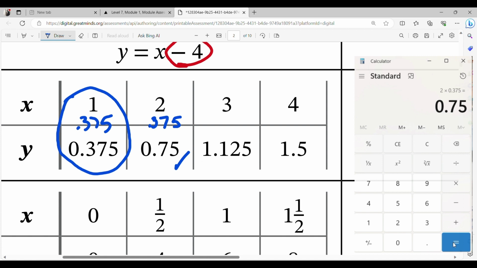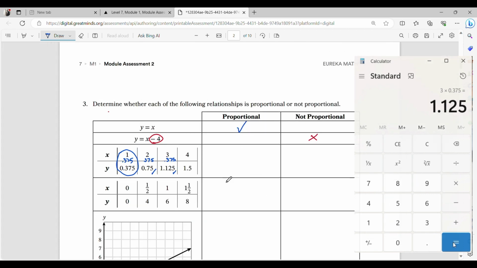Just for good measure, let's do it again. I don't believe everything. So 3 times 0.375 checks out again. So I'm going to go out on a limb and say yes, this one's proportional.